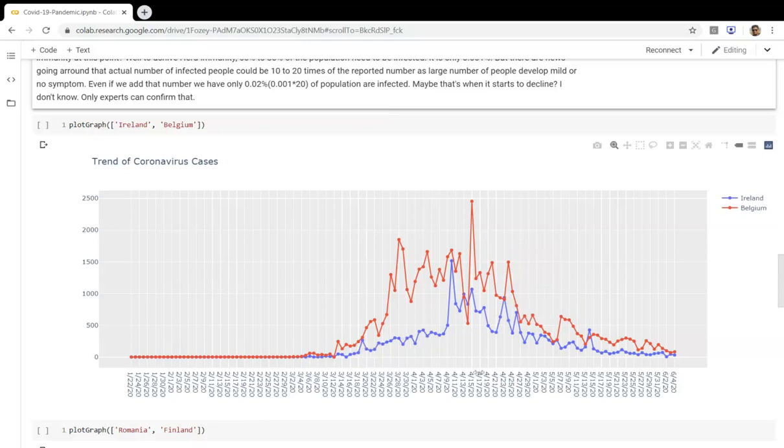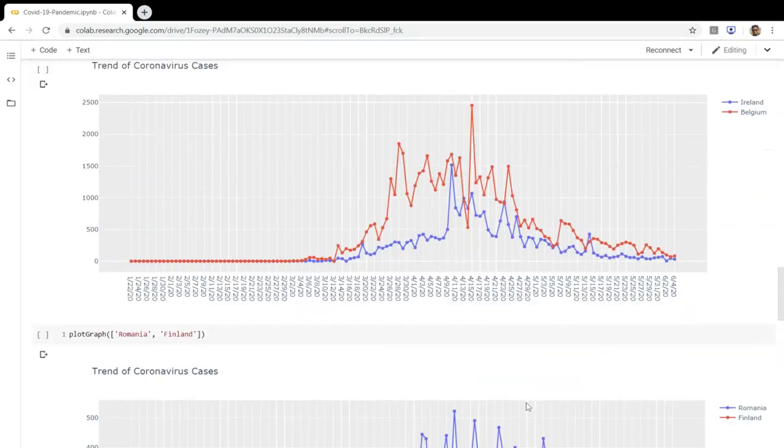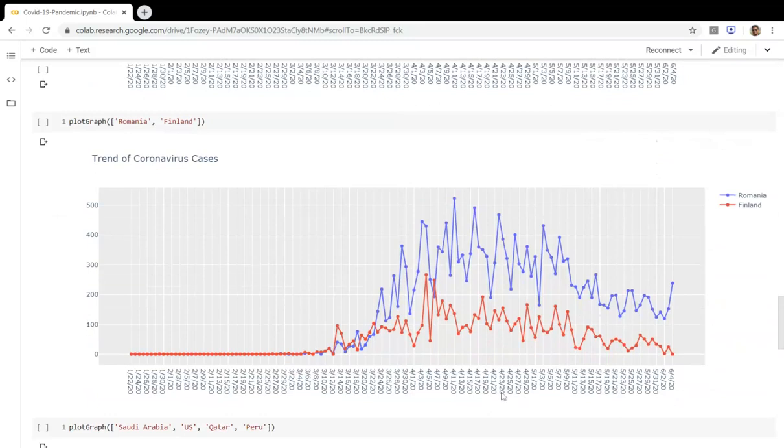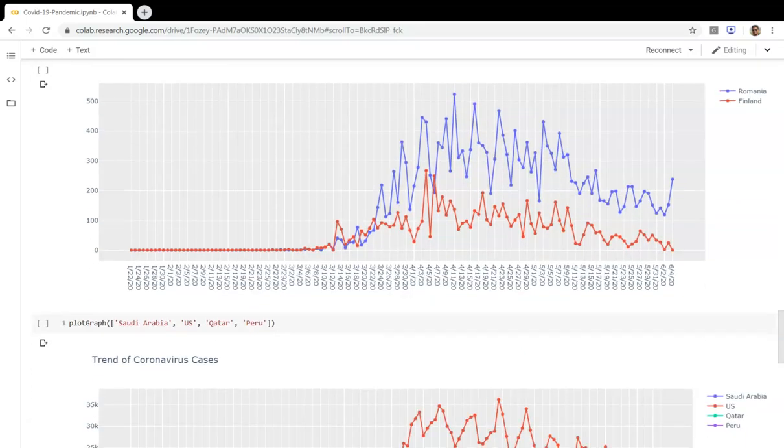So maybe these countries are testing more. In case of Romania and Finland, we see that it started to decline after the per million cases reached 700, not 700, it is, I guess, 400, and for Finland it is 400. Maybe they tackled the issue earlier.